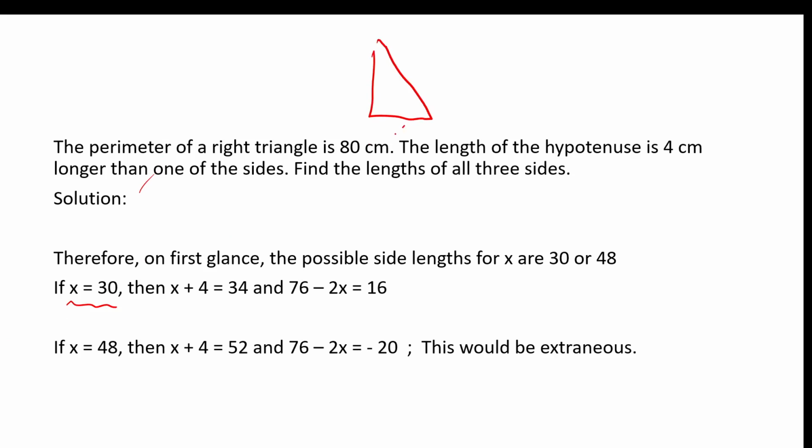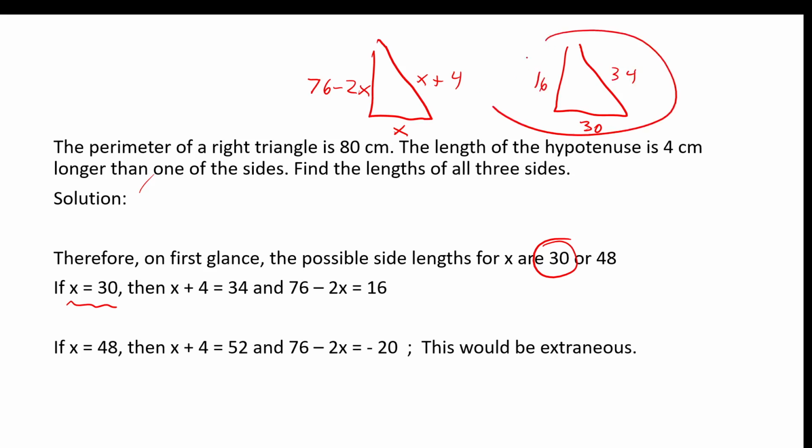We said one was x plus 4, and then the other one turns out was 76 minus 2x. If we let x equal 30, then those side lengths are 30, 34, and 76 minus 2 times 30, which is 16. That's a valid triangle. We'll keep it.